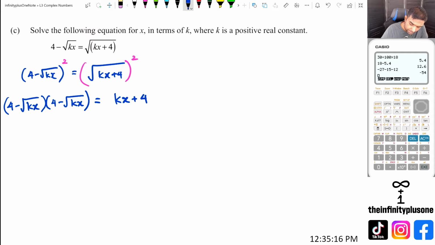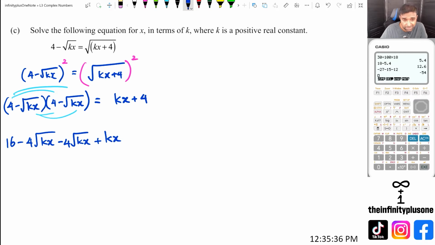Once that's done, we expand the quadratic on the left hand side, so we've got to do FOIL method here, and what we'll end up with is 16 minus 4 root kx minus 4 root kx plus kx, because square root of kx times square root of kx is just kx, and we're going to get equals kx plus 4.